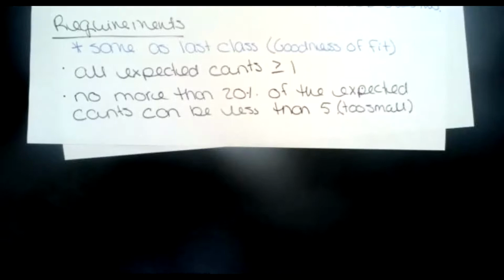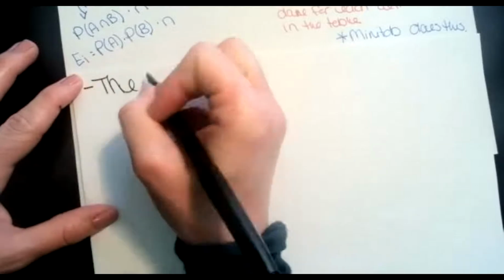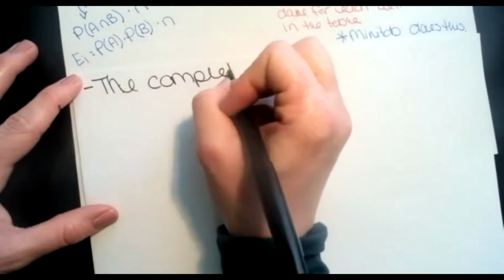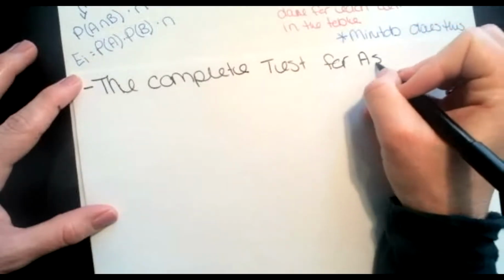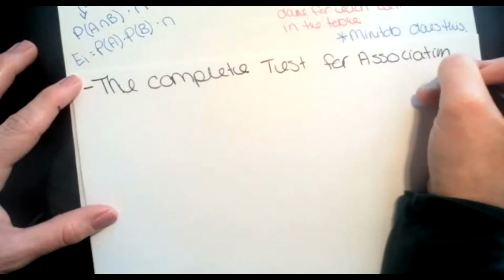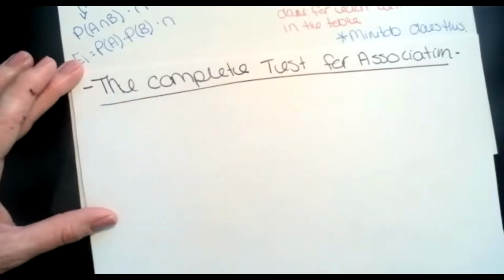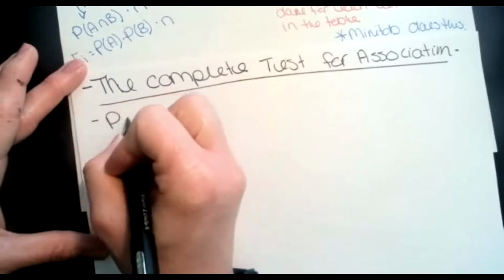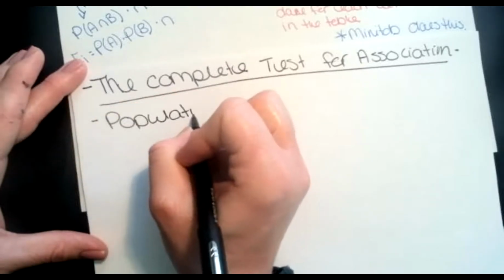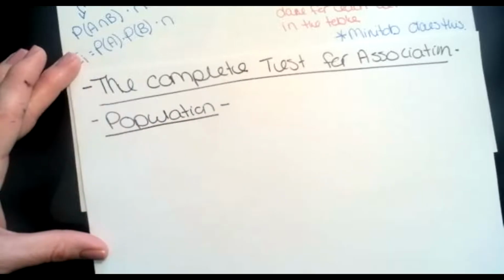Let's take a look at the testing process so we can look at an example together and run through all of this. So the complete test for association. Okay. So we're going to start with the population, of course. In my population step, I'm going to cut some things out with this testing process.